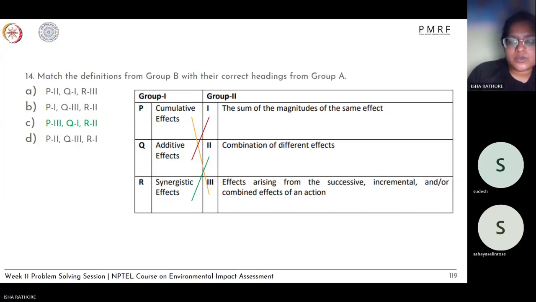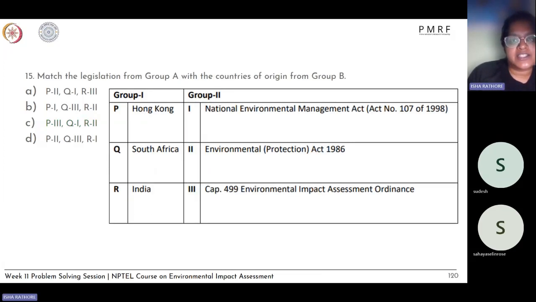Okay. So moving on, match the legislation from Group A with the countries of origin from Group B. So these are again some legislations which were discussed in the environmental management plans.